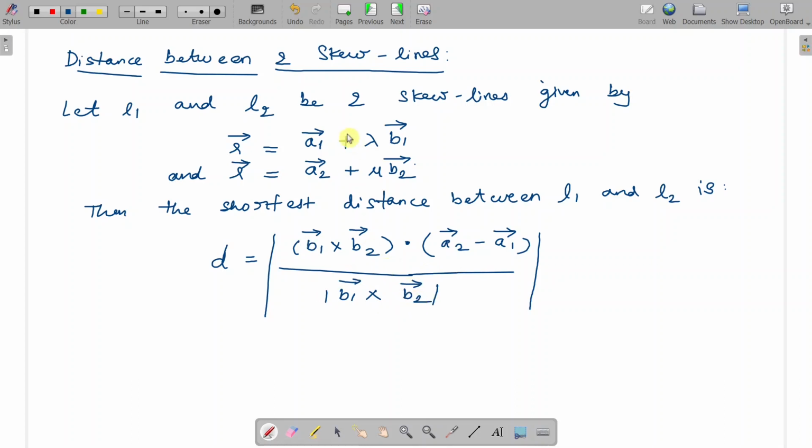All these quantities are in these two equations. So this is the distance in the vector form.